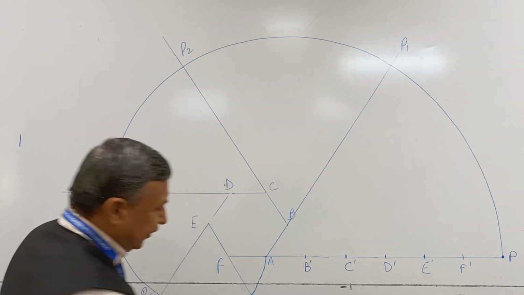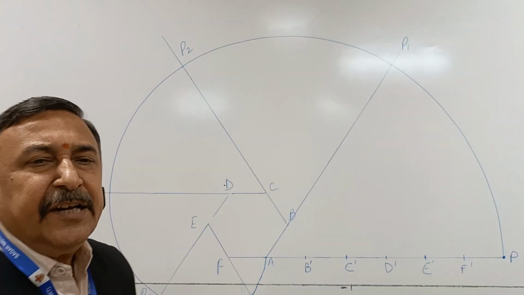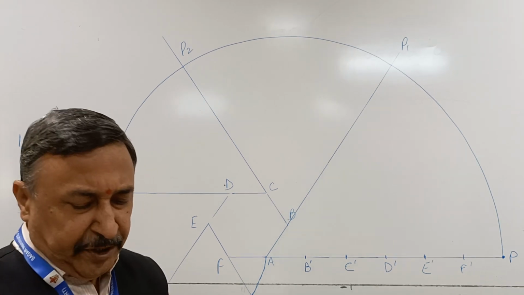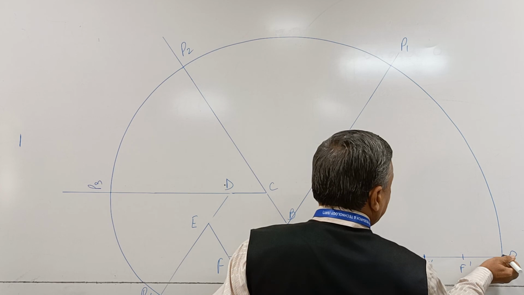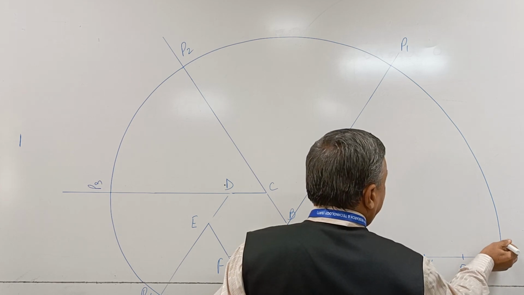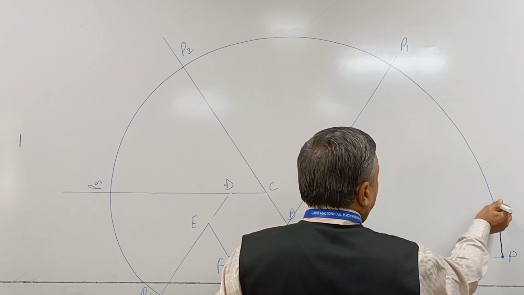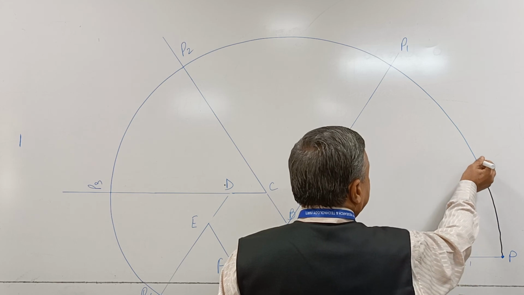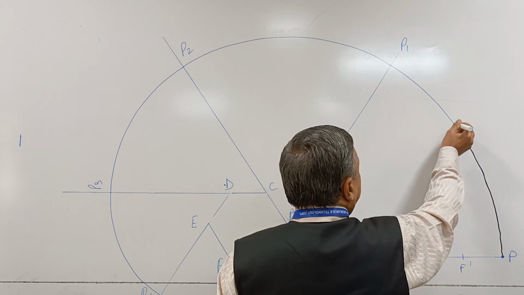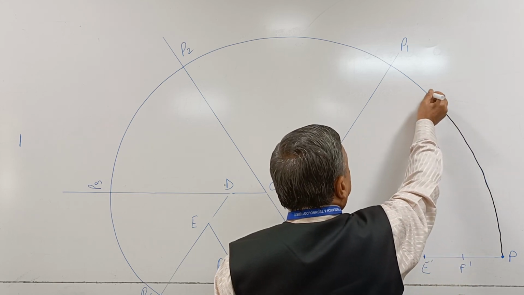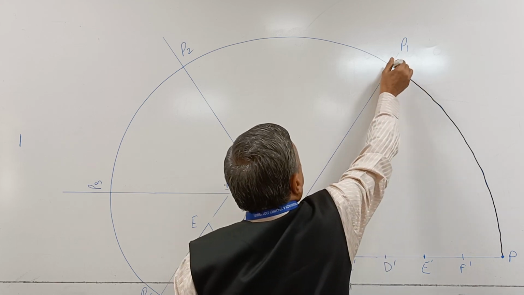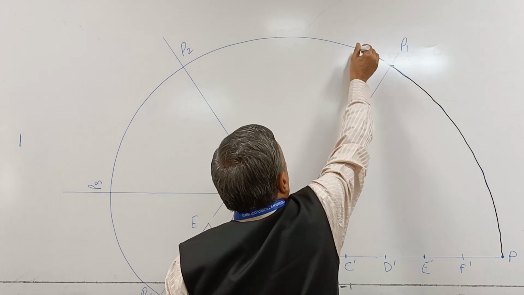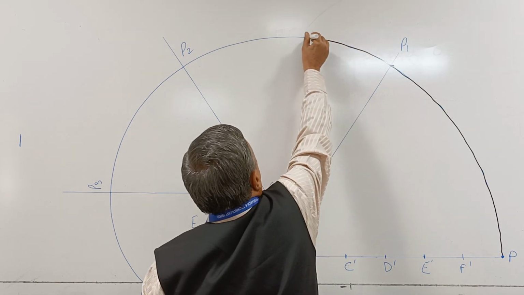Okay. So this is our involute. Now I am going to dark the main curve. Now see here. It is very difficult to draw freehand, so draw only by using compass.